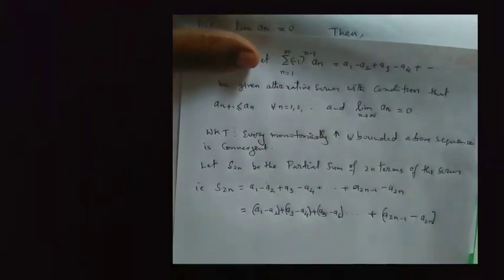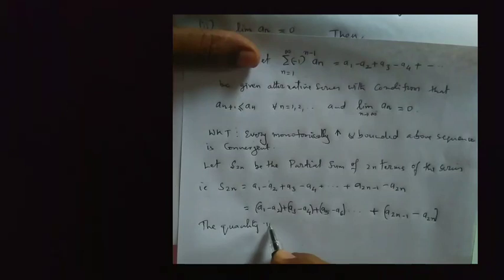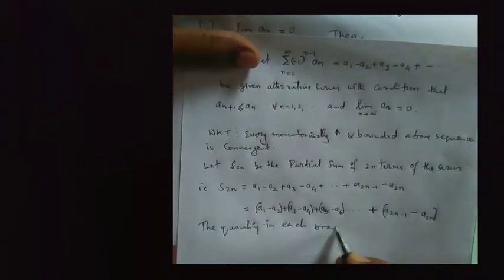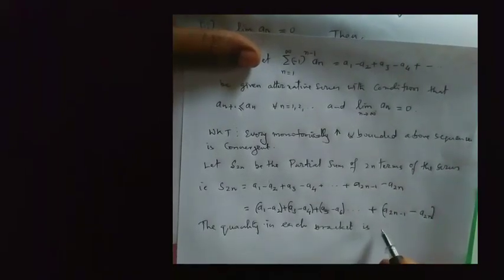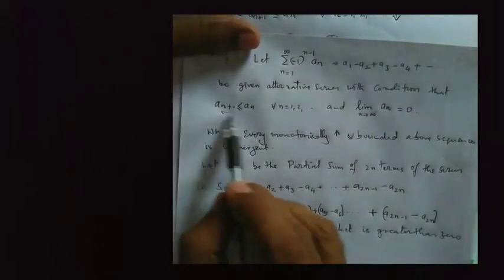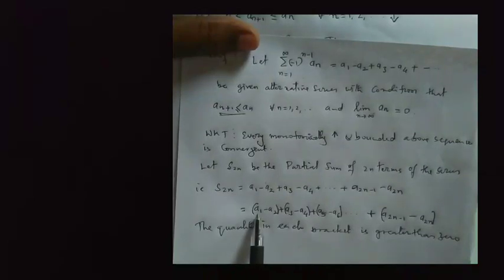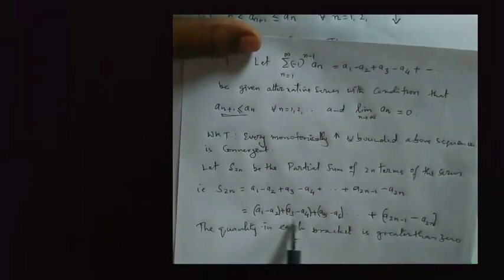If I combine these 2n terms like this, the quantity in each bracket is greater than 0, because condition 1 says that the next term is less than the previous term, meaning this is less than this one, this is less than this one, so each term is positive.